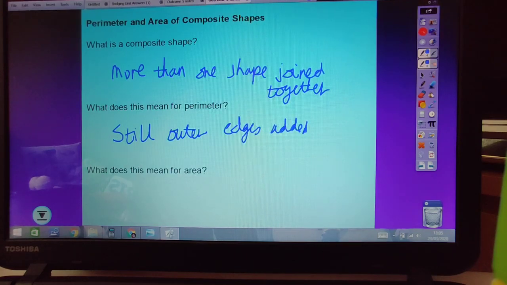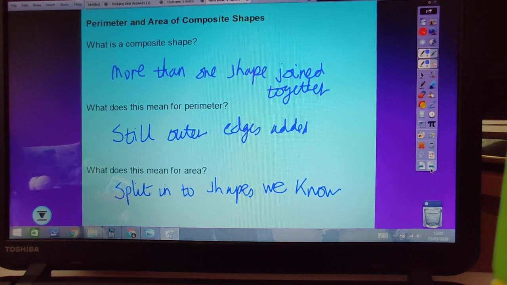Ignore any lines on the inside of the shape, it's the outside. What does it mean for area? We've got to split into shapes we know. And by splitting into shapes we know, we do separate calculations and add them together.